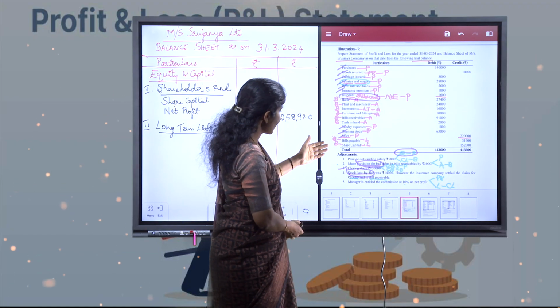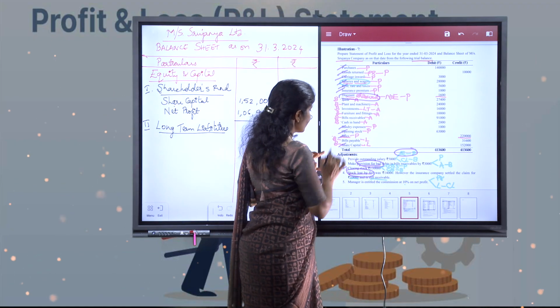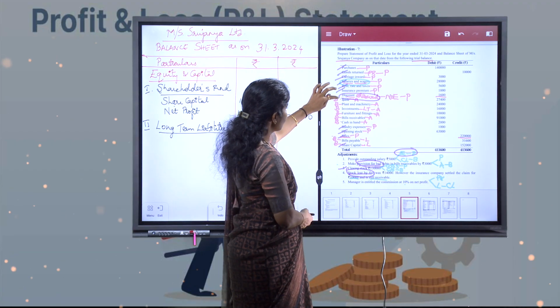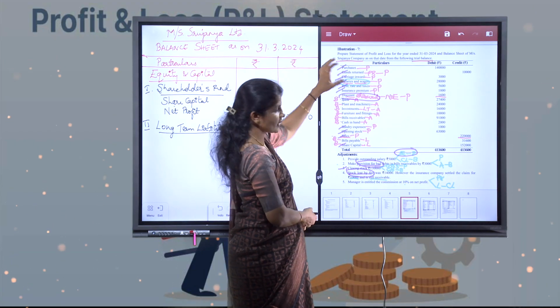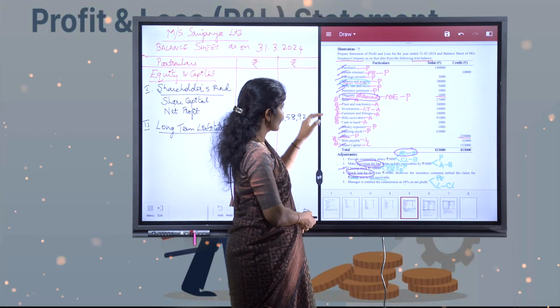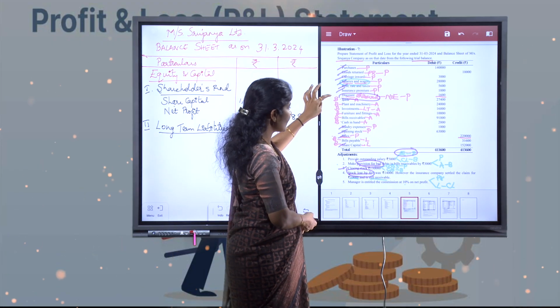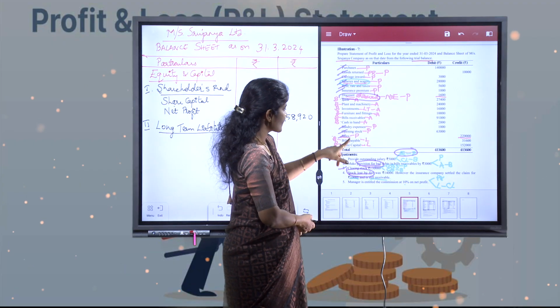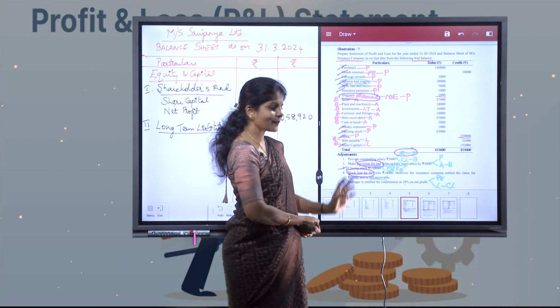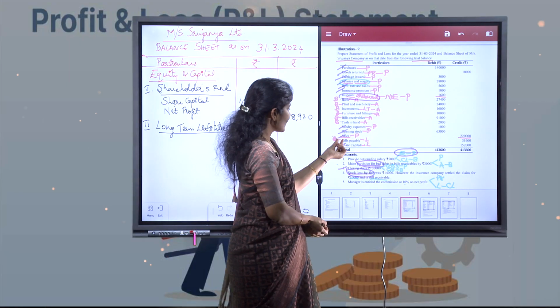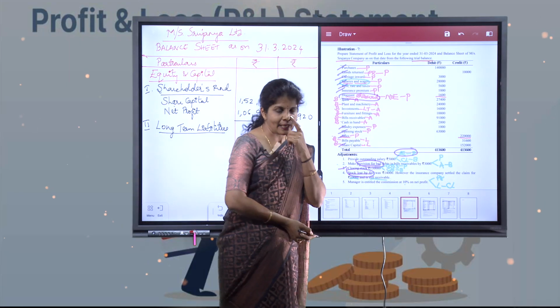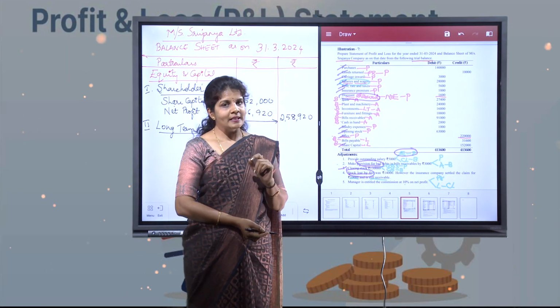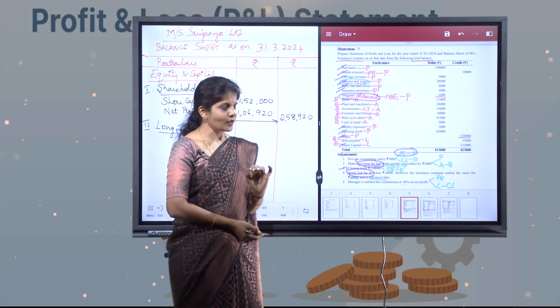So far we have considered the information relating to the profit and loss statement, and now look at only the liability side of the balance sheet. We have marked all the assets and liabilities. Only two liabilities are there in the trial balance. One is bills payable and the other one is share capital.